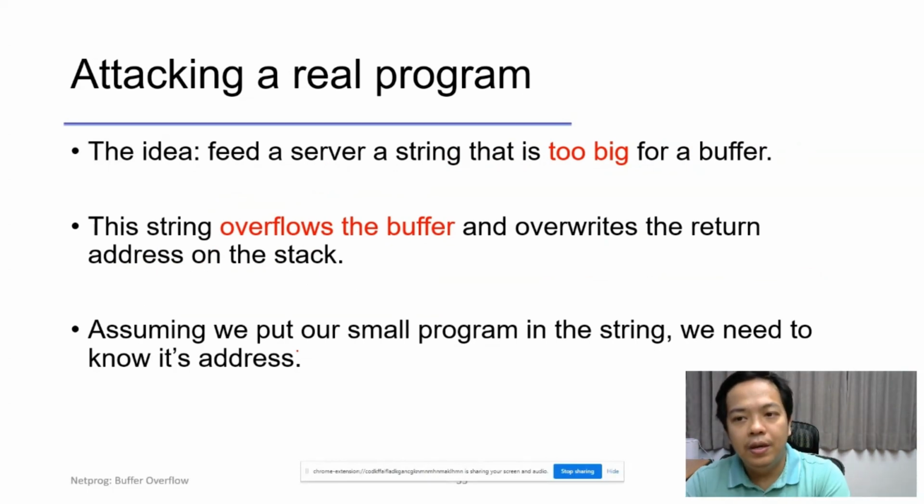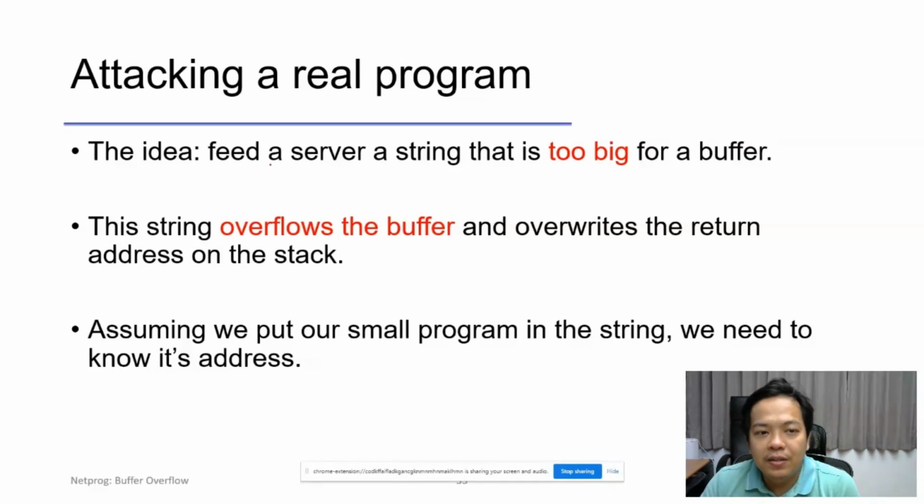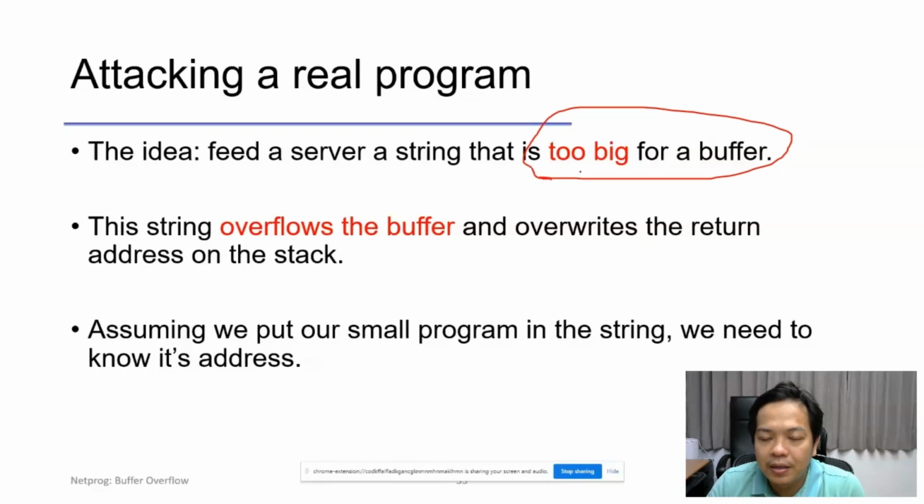Okay, so this one is related to how we can attack the real program. The first time, we need to feed a server a string that is too big for the buffer, and we need to confirm how long the string is.